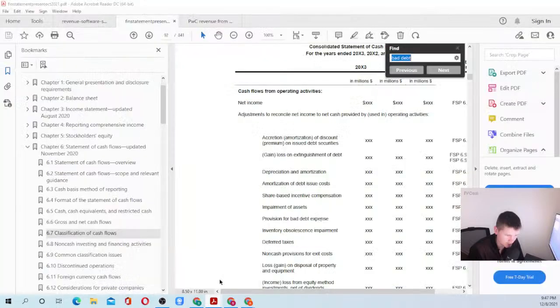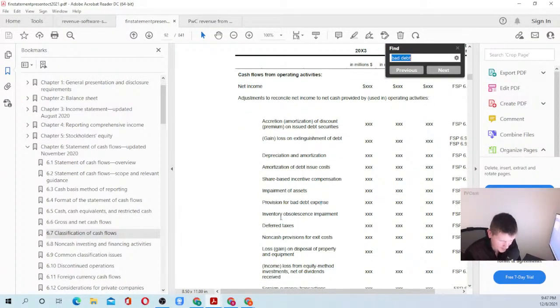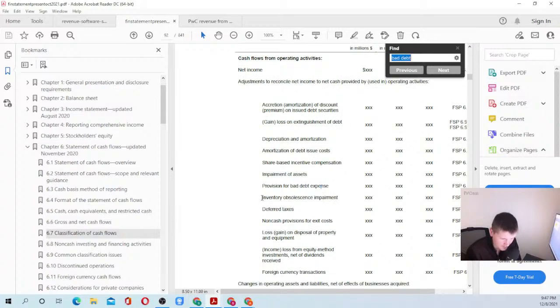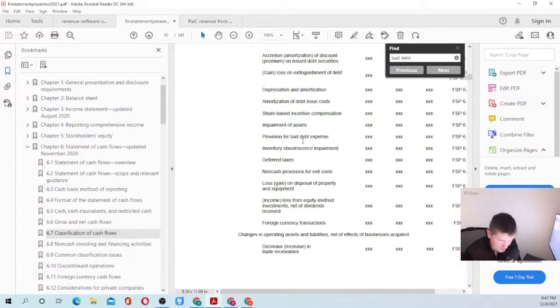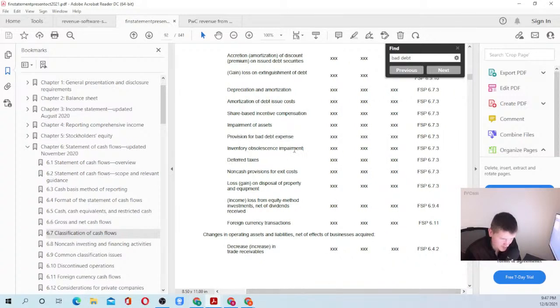It shouldn't be included in the change, it should be included in the non-cash item. Same here, we have inventory obsolescence impairment. And I do not actually remember if we do the same with inventory NRV expense.